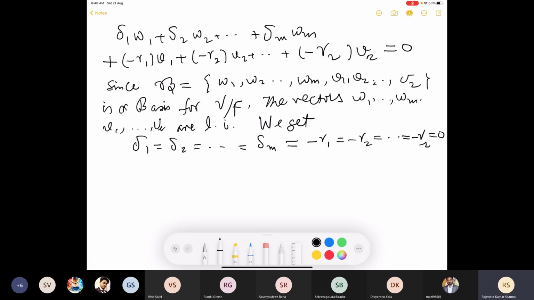So minus gamma 1 is 0, gamma 1 is also 0. So that makes each delta I and each gamma j is 0.